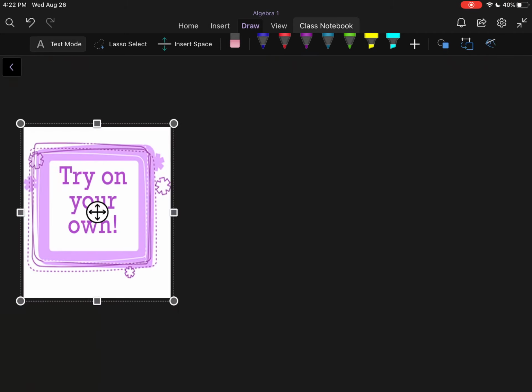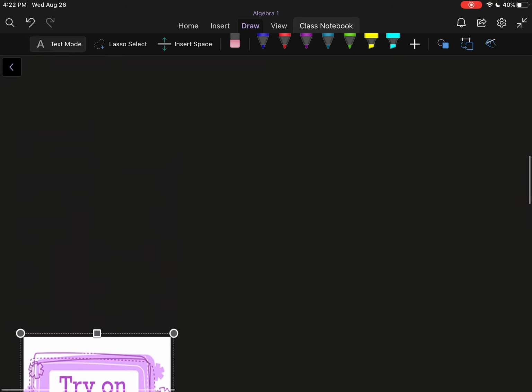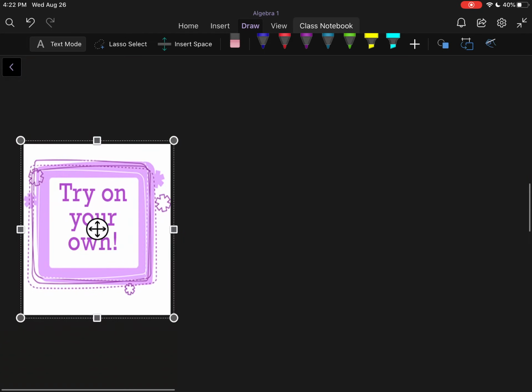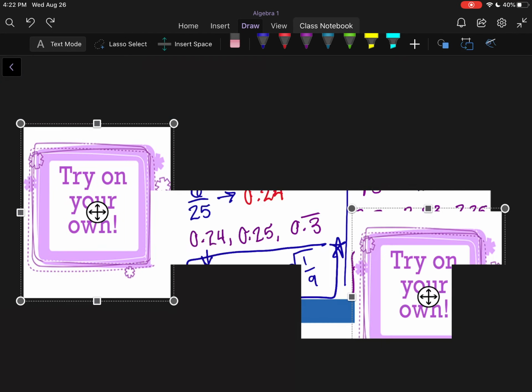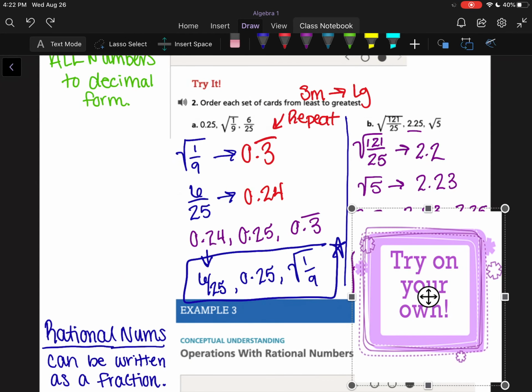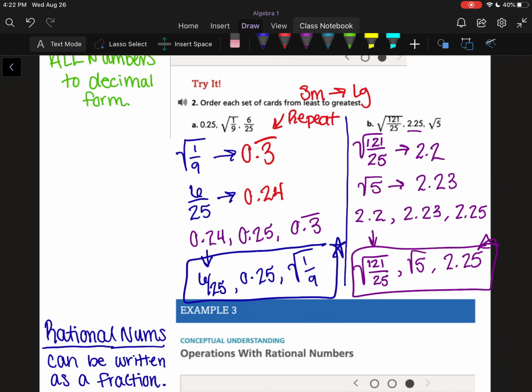The smallest is 2.2, then 2.23, then 2.25. So double check how you ordered them from least to greatest when you converted them back.